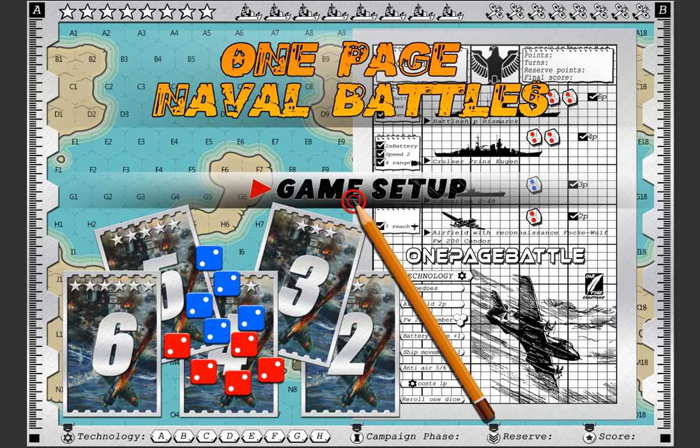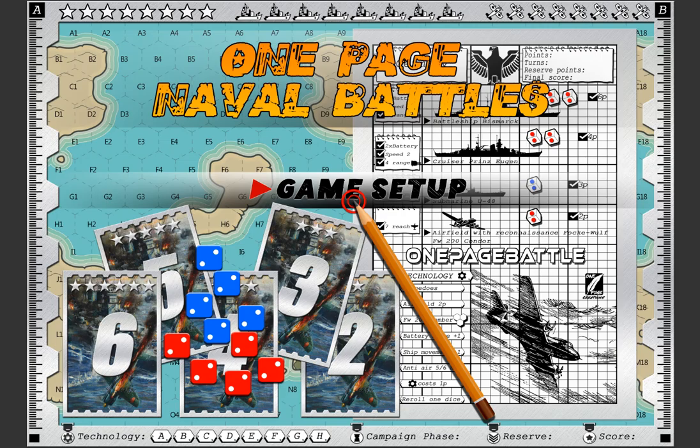The higher number represents the number of actions, but it also represents the priority. So the player with the higher number will have priority during this turn. These cards will be used during the turn structure to determine the number of actions a player can take, as I mentioned.